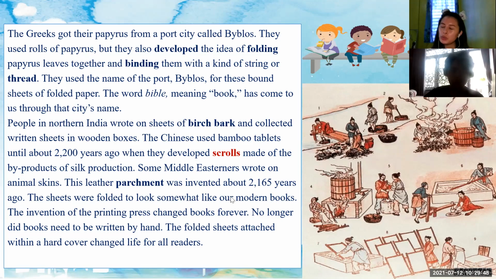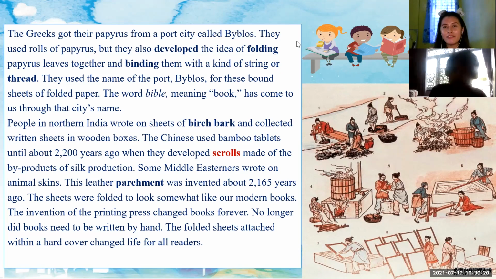And that was 2,165 years ago. So it's a long process. Step one, step two, after that step three, step four, then step five, six, seven, eight. Lastly, they can form a sheet of paper. There are a lot of steps to process a paper or a book.